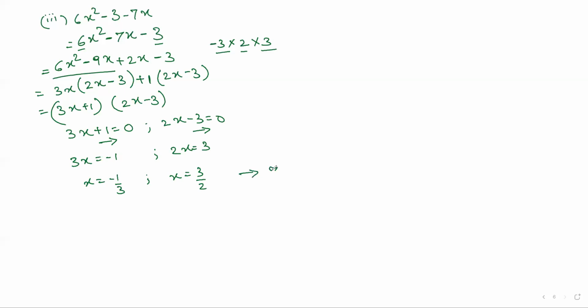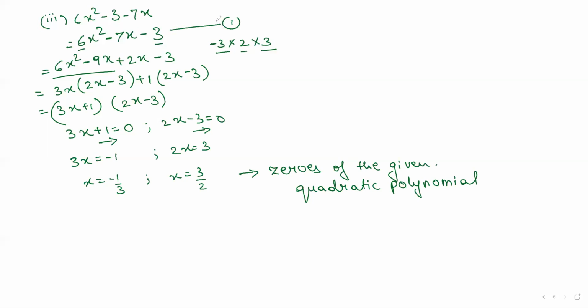These are the zeros of the given expression or given quadratic polynomial. This one is given, but we'll consider this as equation 1.